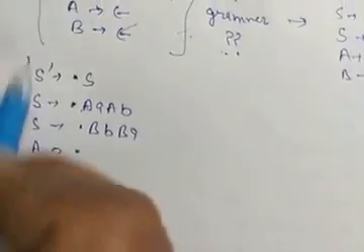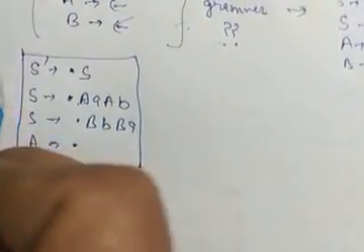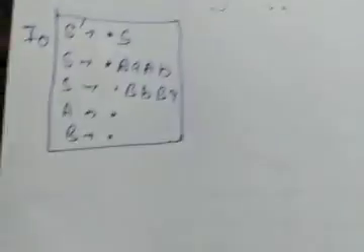So this is the first set of items, and it will be your first item I0.